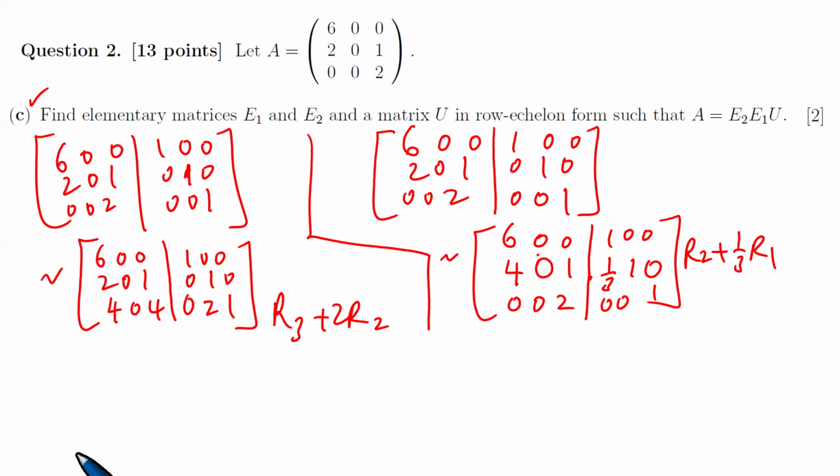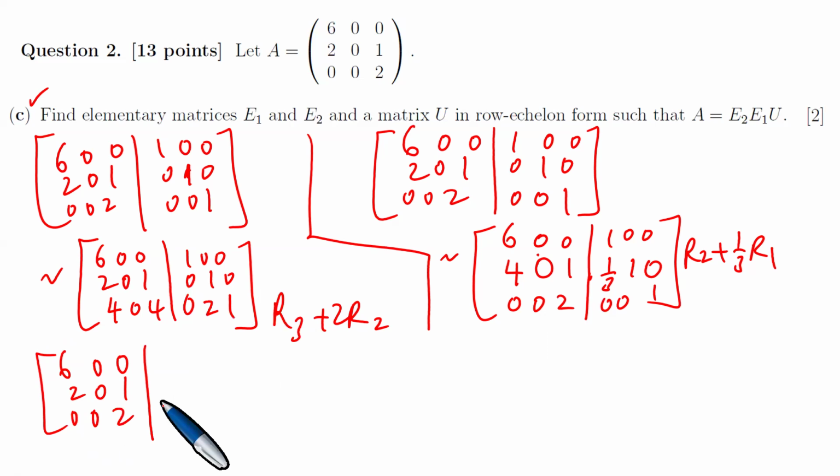Simultaneously, when you get to this point, you consider an upper triangular matrix that can be achieved out of this. So if you take the matrix A and you want to make it strictly upper triangular, you have the matrix A, which is exactly 6, 0, 0, 2, 0, 1, 0, 0, 2.